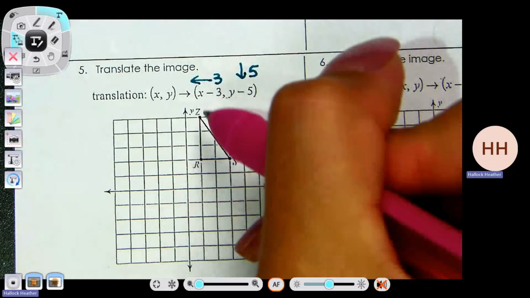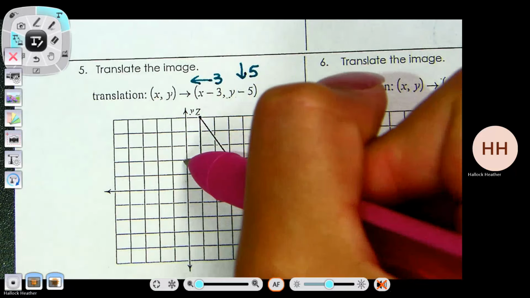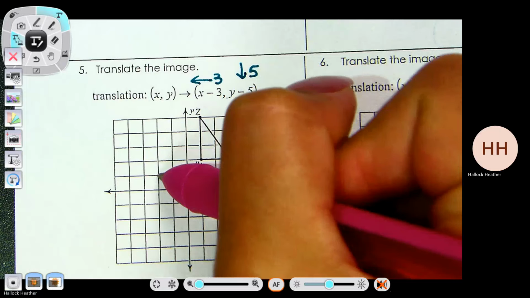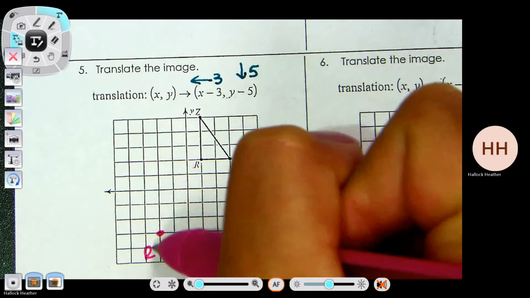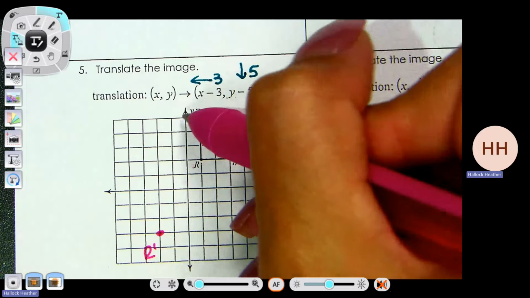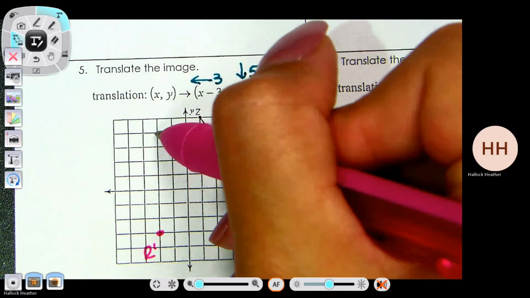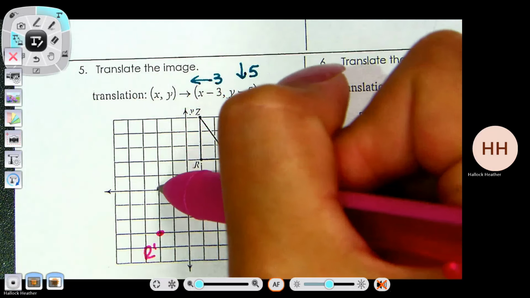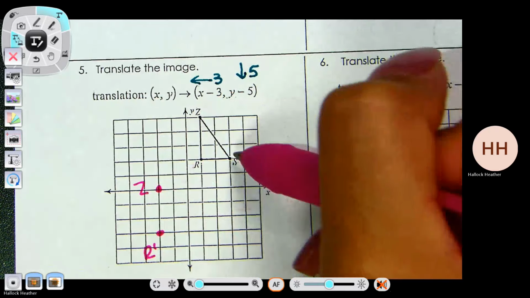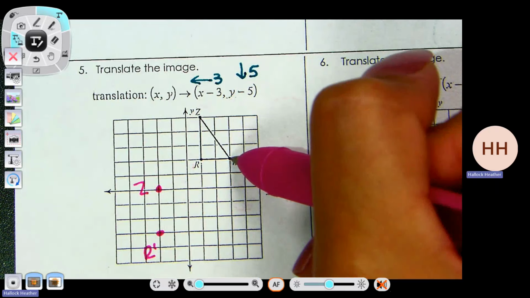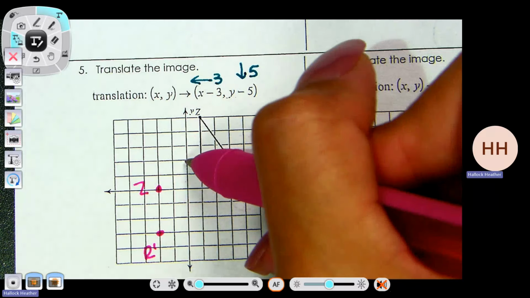So I'm moving left 3, down 5. Z, left 3, down 5. S, left 3, down 5.